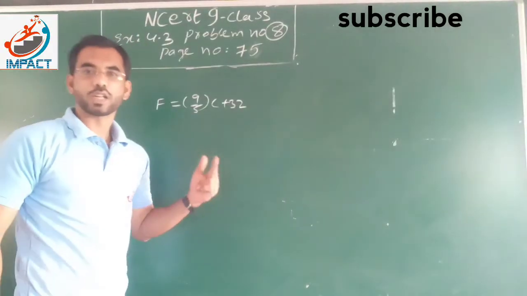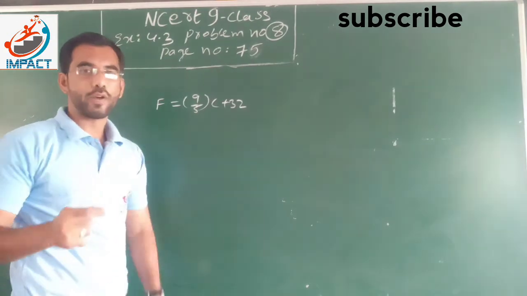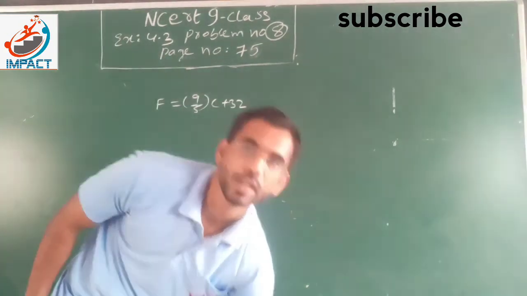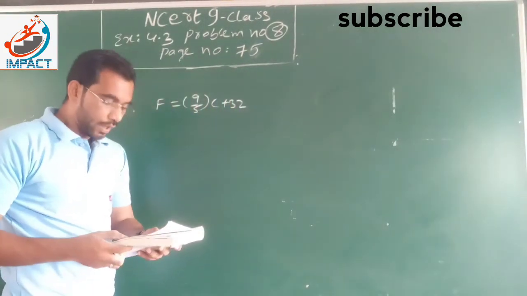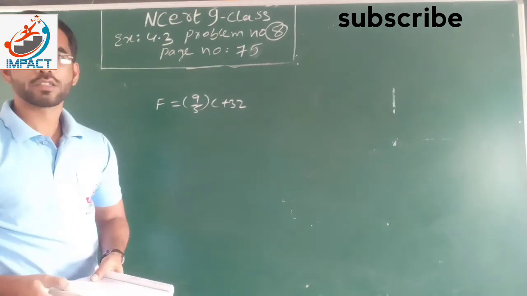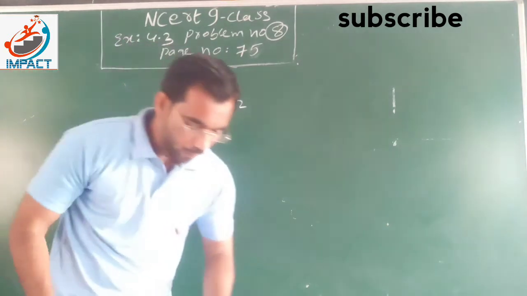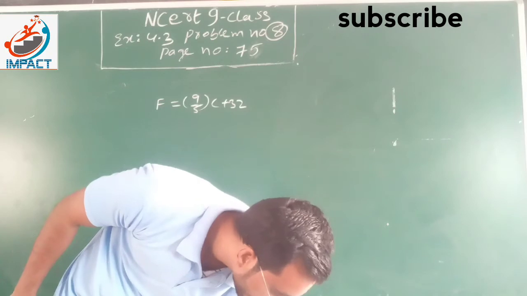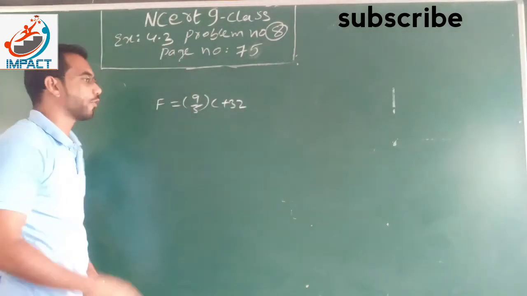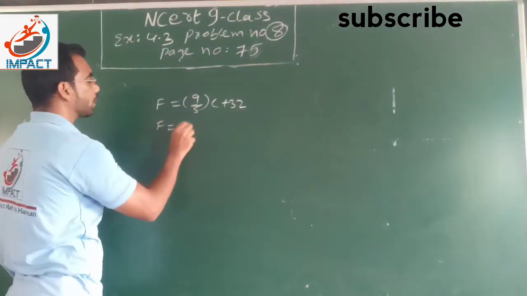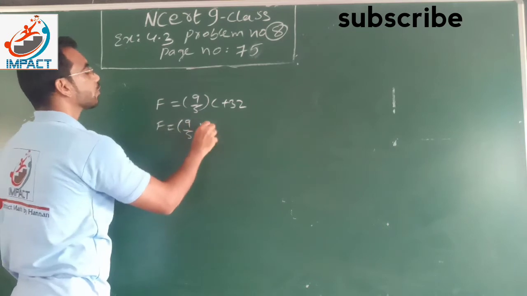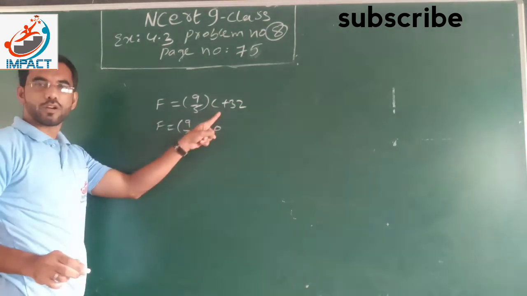In the second question it is saying the temperature is 30 degrees centigrade. So what will be the Fahrenheit? F is equal to 9 by 5 into 30. Why are we substituting 30 at the place of C?